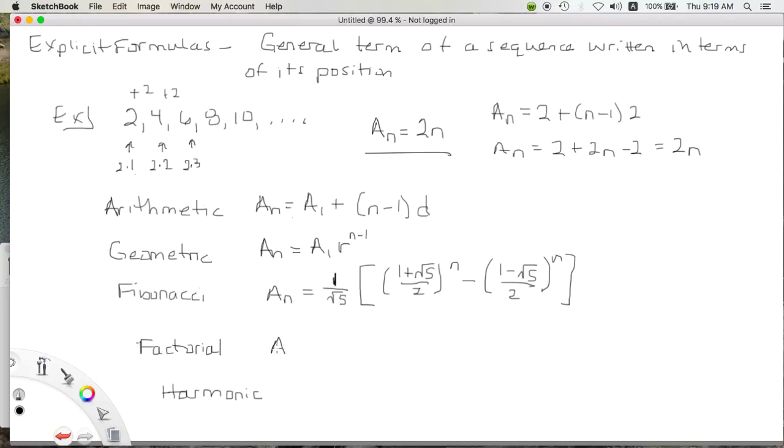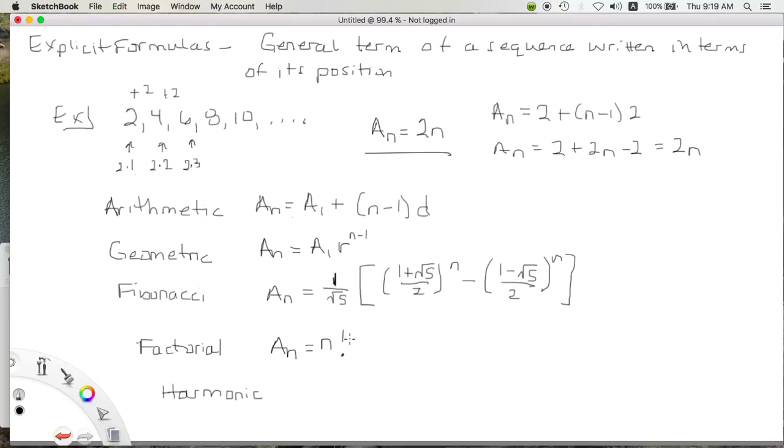Factorial is actually very easy. We start with the position and then we take its factorial, and hopefully by now you realize from the probability and things like that we've talked about that factorial means you start at that number and multiply it times everything below it. So like 3 factorial would be 3 times 2 times 1, or 5 factorial would be 5 times 4 times 3 times 2 times 1.